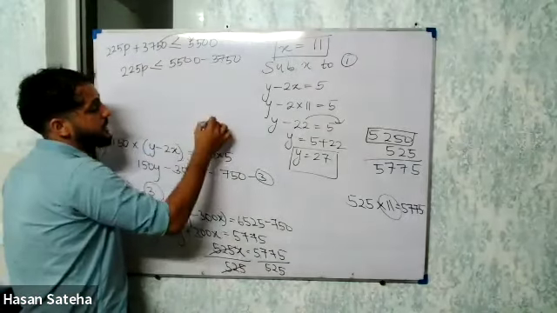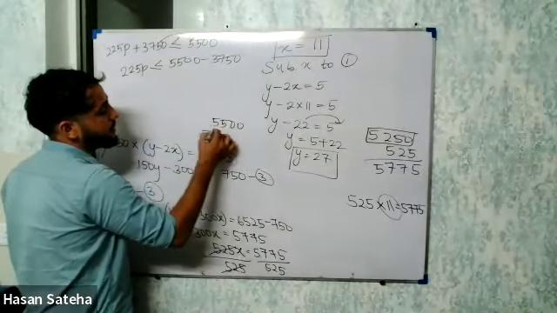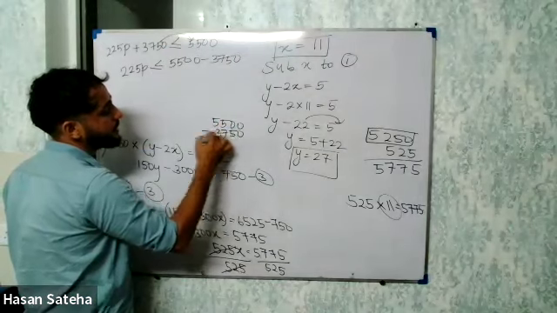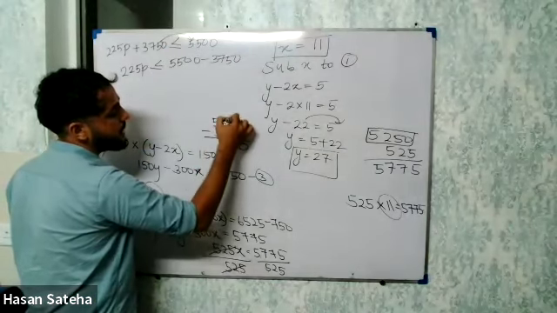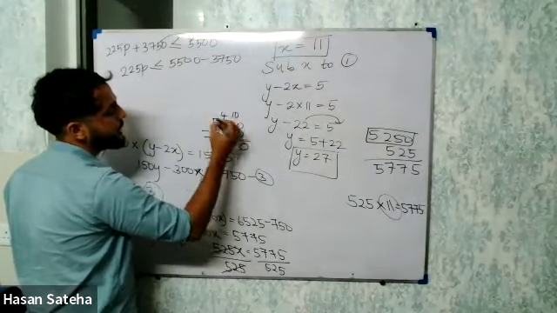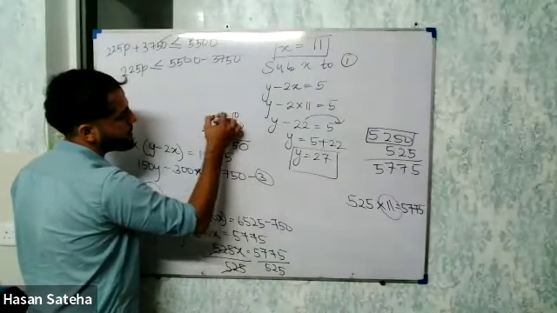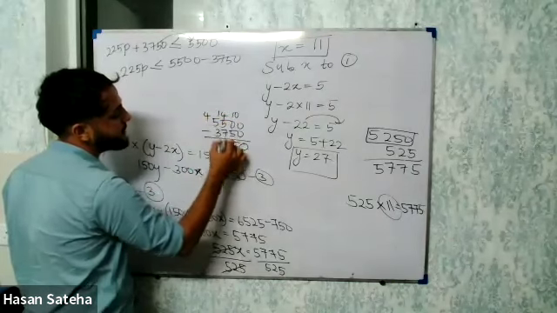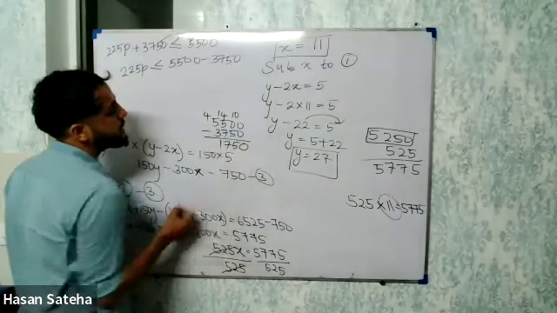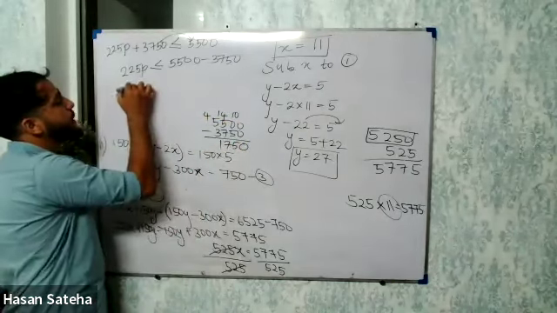Then we do the subtraction. 0, borrow, you get 10, you get 4 here. 5 from 10 is 5. 7 from 4, you can't subtract, borrow 14 and 4 here. 7 from 14 is 7, 3 from 4 is 1. So you have 225p less than or equal to 1750.